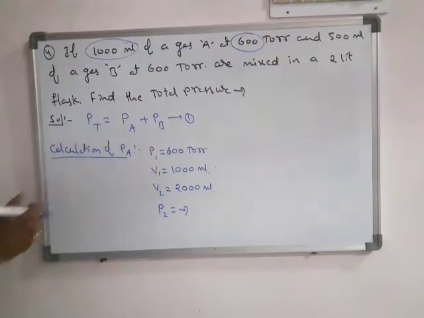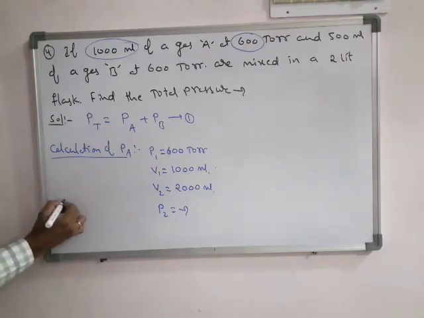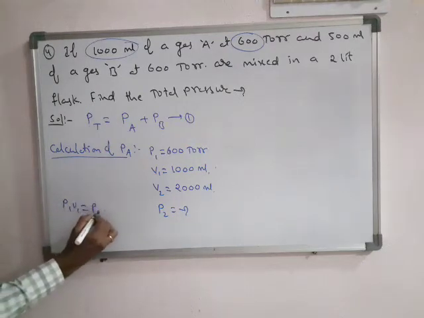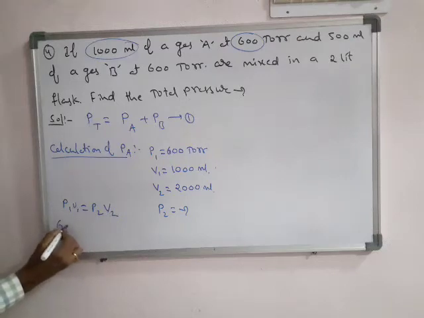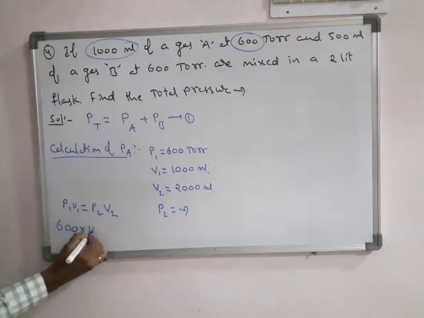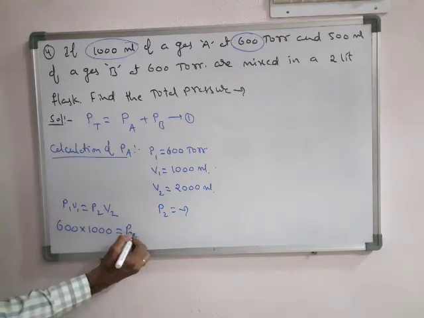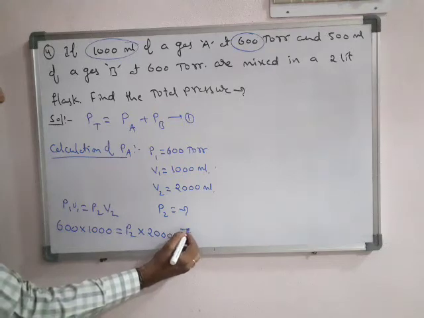So now according to Boyle's law, what is the relation? P1 V1 equals P2 V2. P1 is 600, V1 is 1000, find P2. V2 is 2000.